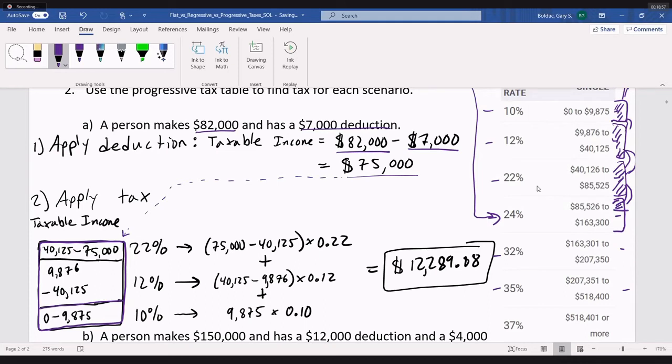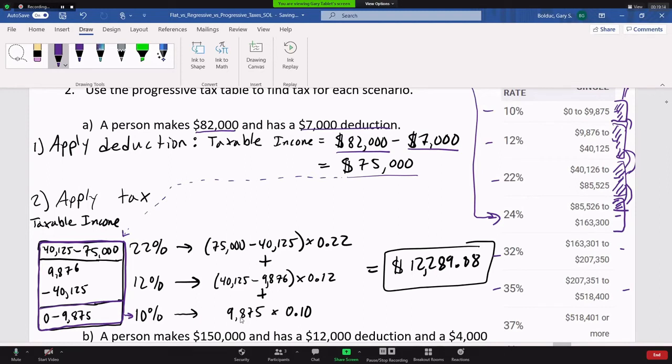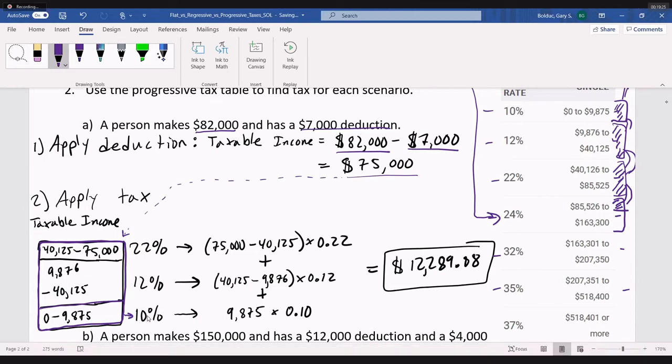My first $0 to $9,875 I made gets taxed at 10%, which remember is just take your money, the $9,875, so take that money right here, multiply by 0.10. That's how I tax $9,875 at 10%. Okay, so that's going to be the first part that I have to pay.